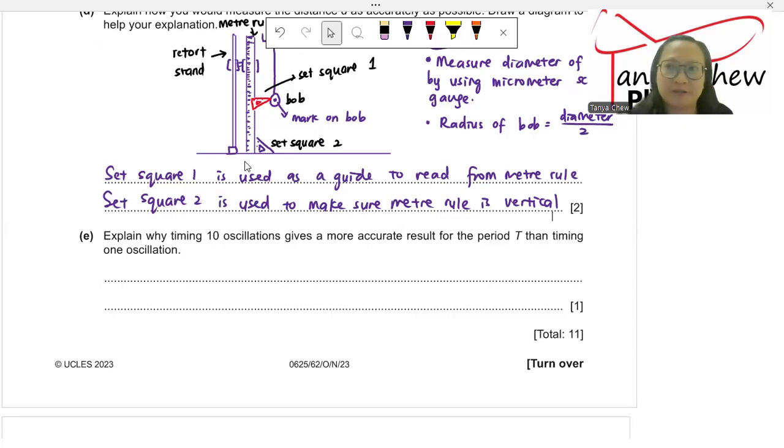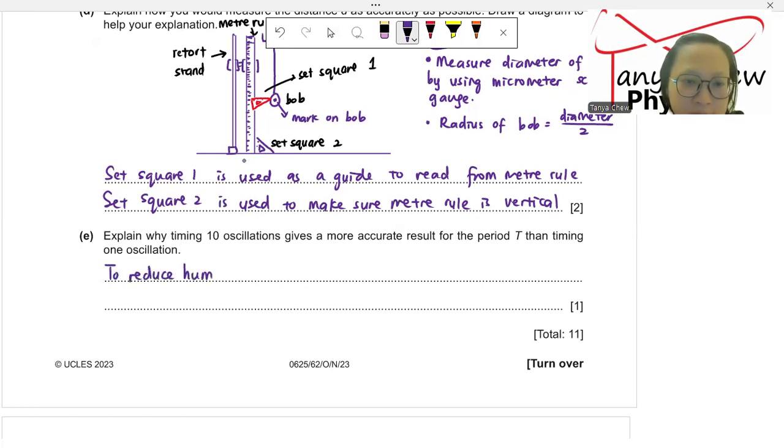Remember what I said? You press faster, I might be pressing the stopwatch a little bit slower. That is to reduce human reaction error.